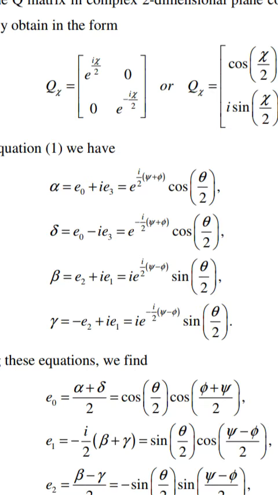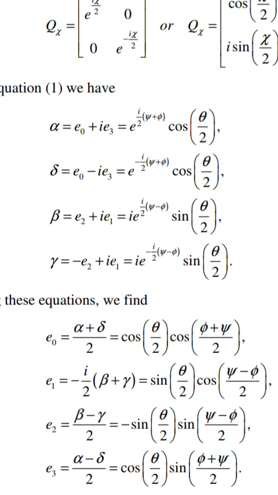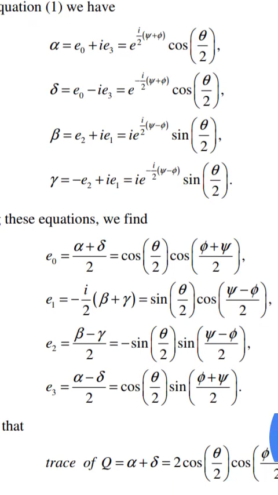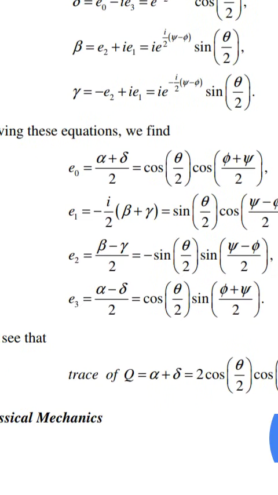Beta is equal to e2 plus i e1 is equal to i e raised to i by 2 (psi minus phi) sin of theta by 2. Gamma is equal to minus e2 plus i e1 is equal to i e raised to minus i by 2 (psi minus phi) sin of theta by 2.